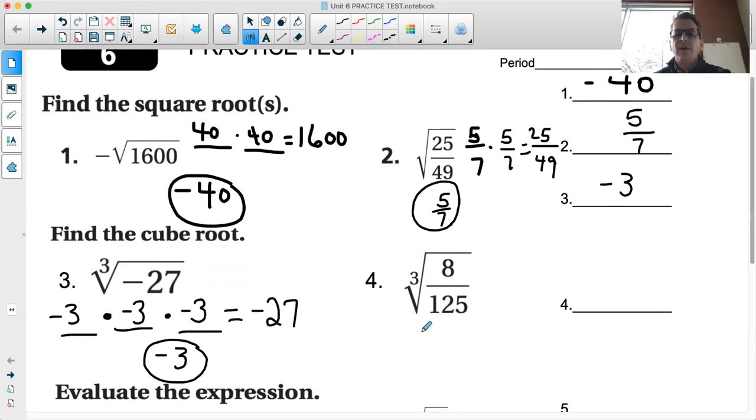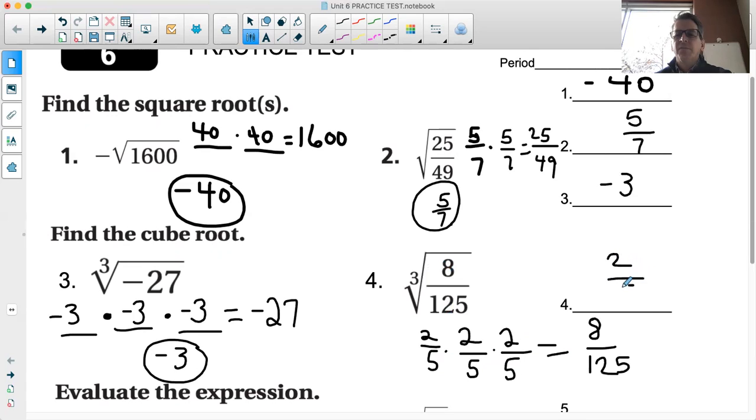So we have 2/5 times 2/5 times 2/5 is equal to 8 over 125. So the cube root of 8 over 125 would be 2/5. And that would be the first section, finding the square root for numbers 1 and 2, and finding the cube root for numbers 3 and 4.